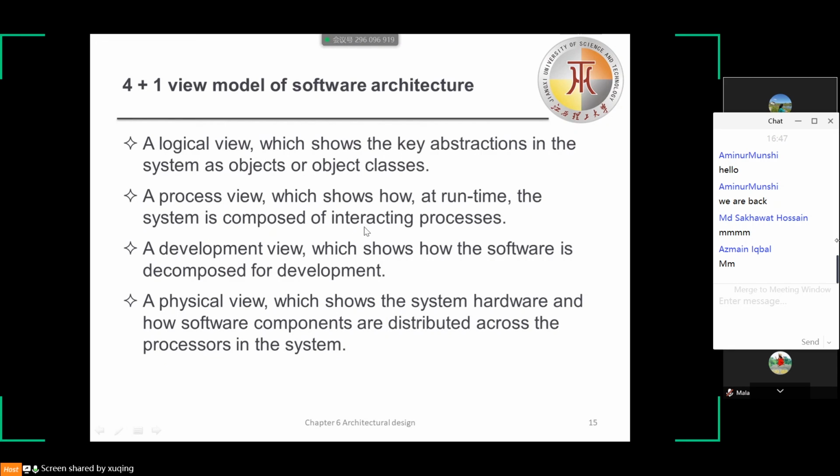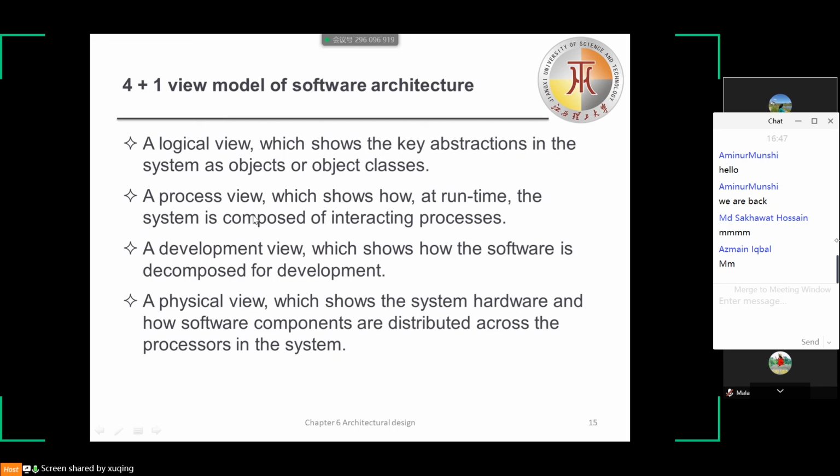Process view is how interacting processes can compose the system together, and development view is different. It's quite the contrary of the process view because it shows how the software is decomposed for development.